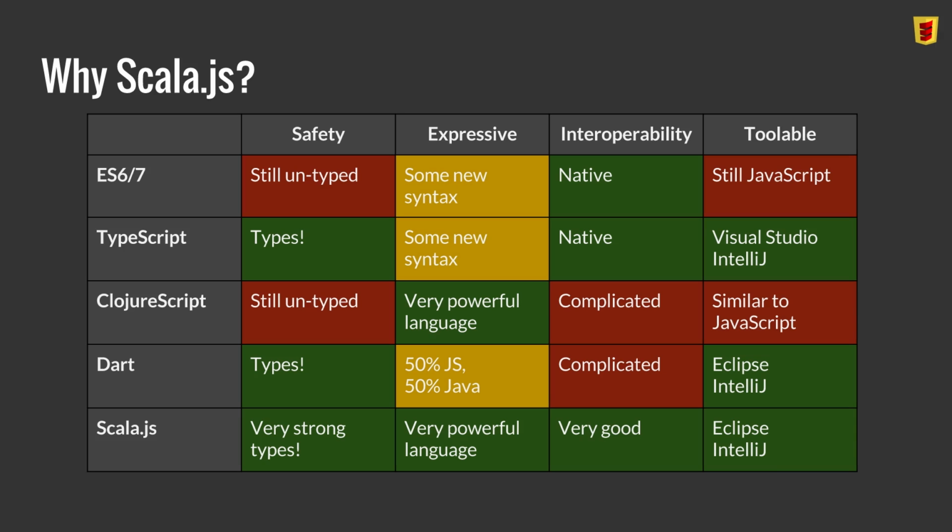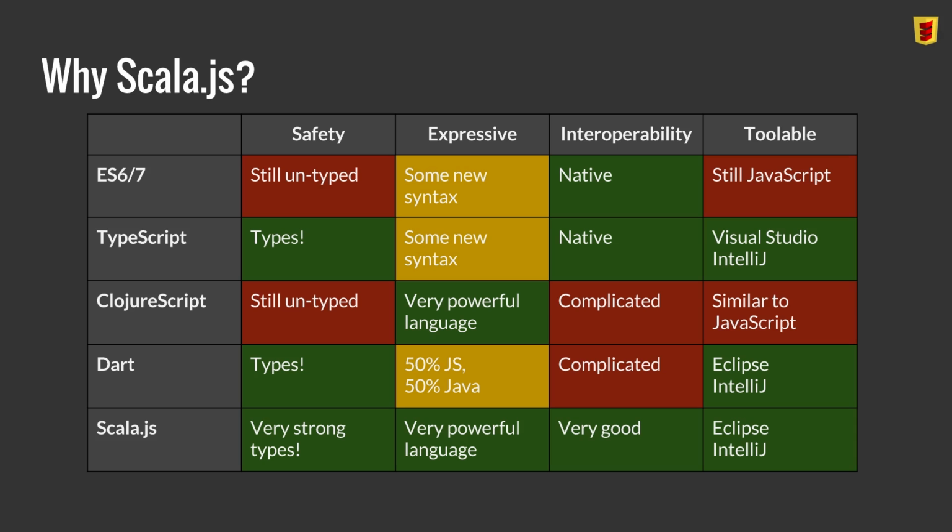Dart is a new thing from Google. Again, types are there. It's about 50% JavaScript, 50% Java, whether that's a good thing or a bad thing. And the tooling is quite okay for Dart as well. But the interoperability of both ClojureScript and Dart is not so great. It's more like an afterthought: you want to write everything in Clojure, or everything in Dart, and you don't really want to do anything with JavaScript.